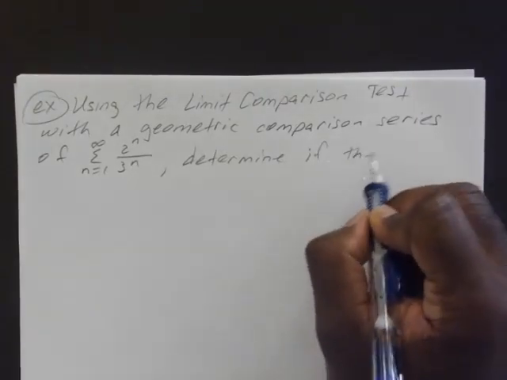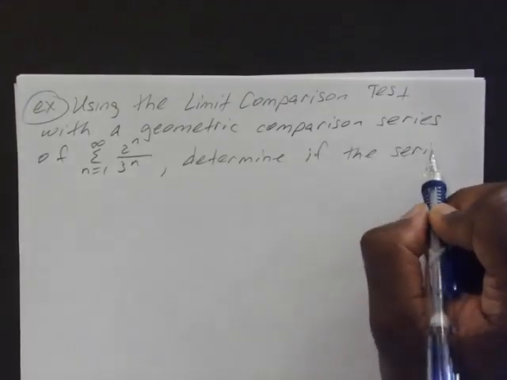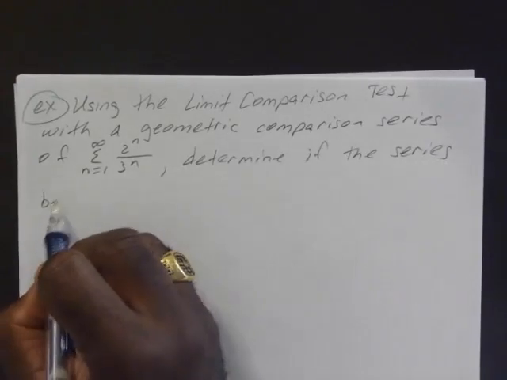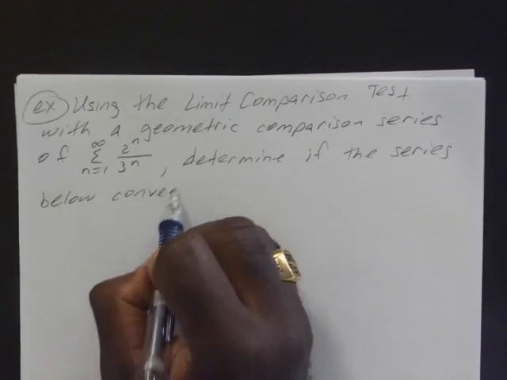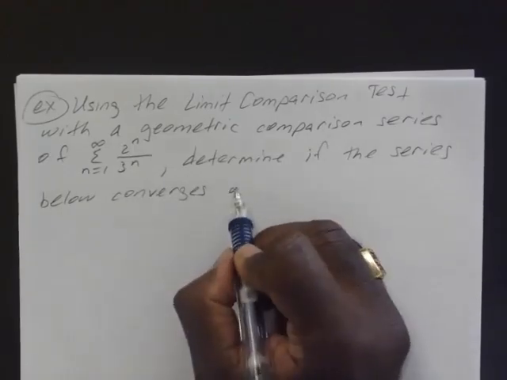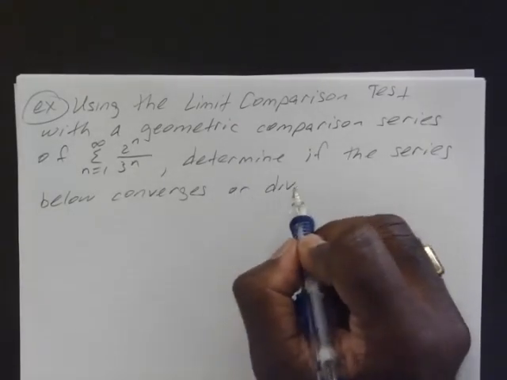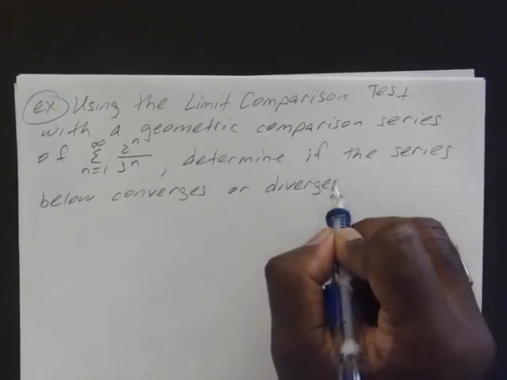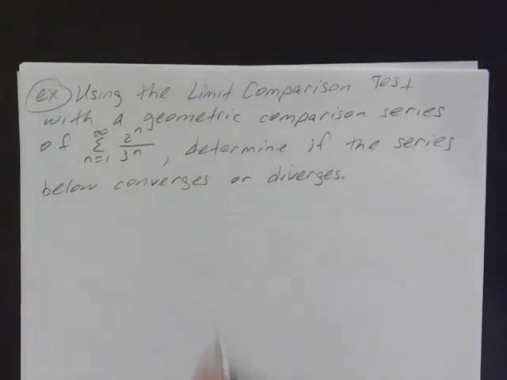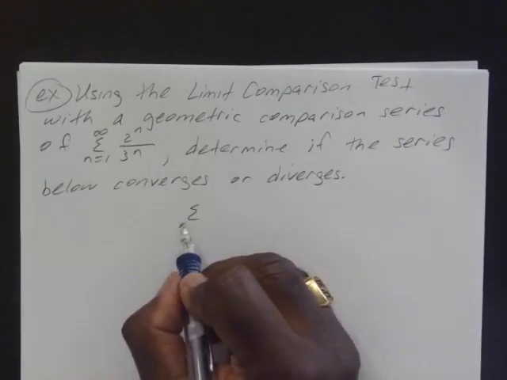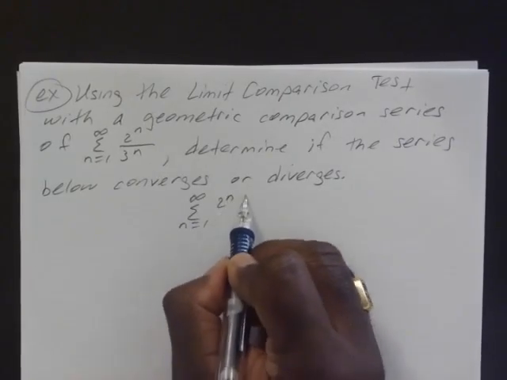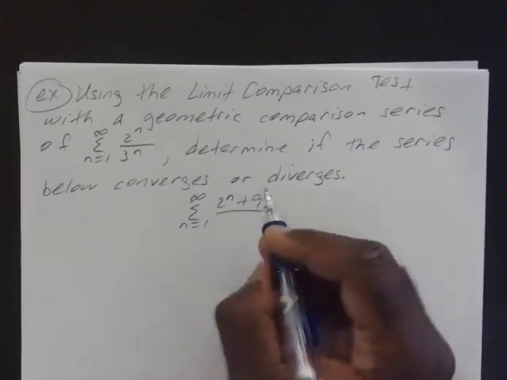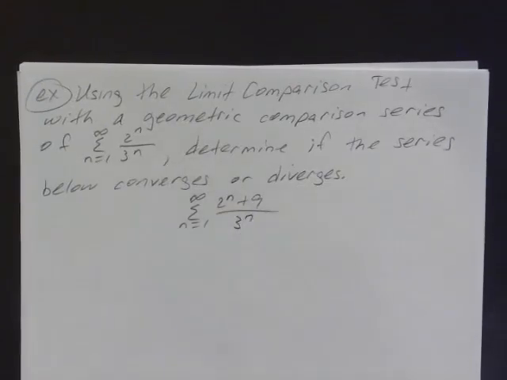Determine if the series below will converge or diverge. And that's the sum from n equals 1 to infinity of 2 to the power of n plus 9, divided by 3 to the power of n.